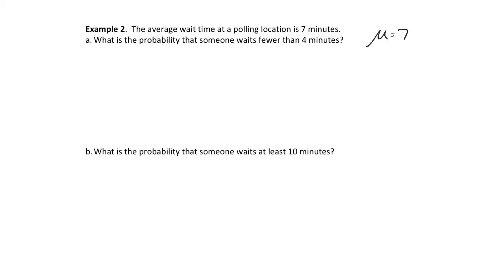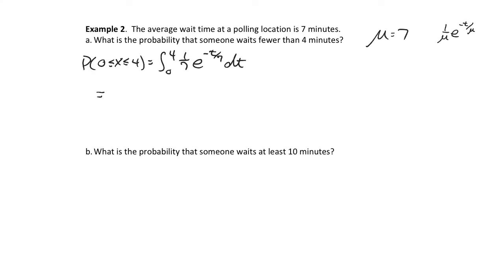Remember, it was 1 over mu e to the negative t divided by mu. In order to get the probability that we wait fewer than 4 minutes, we would say the probability that x is between 0 and 4 is going to be the integral from 0 to 4 of 1/7 e to the negative t over 7 dt.